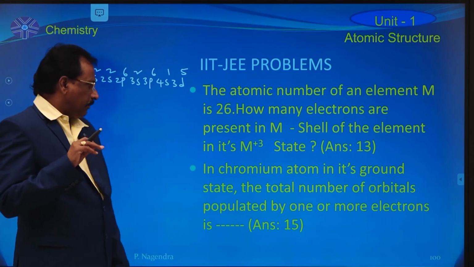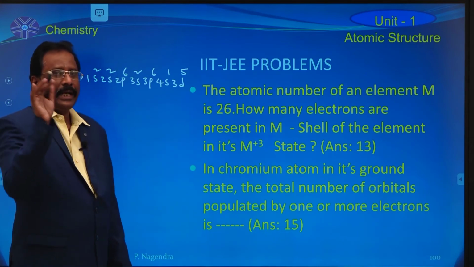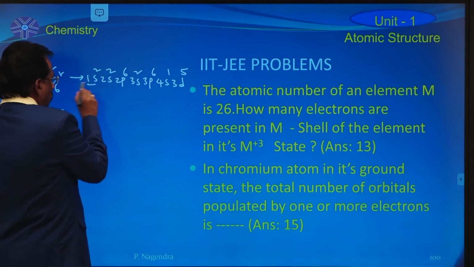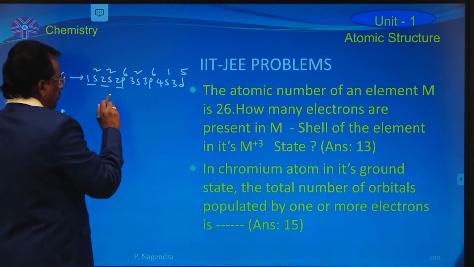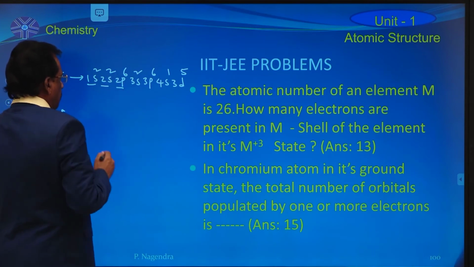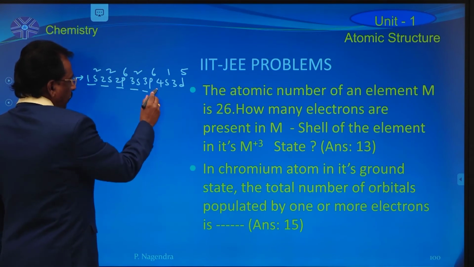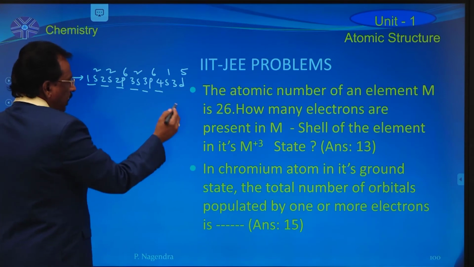Now the total number of orbitals populated by one or more electrons. Here 1, 1, 3 for the 2p subshell containing 3 p orbitals, then 1, 3, 5 for the d subshell containing 5 d orbitals.